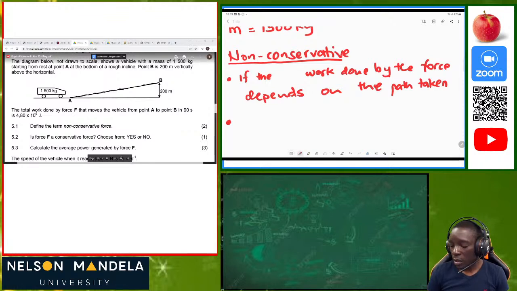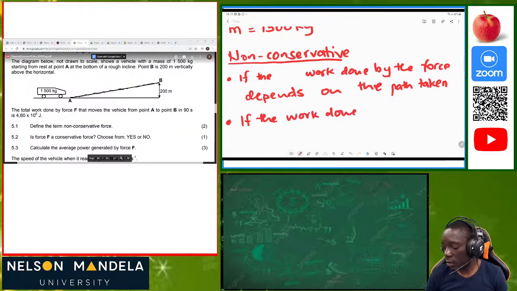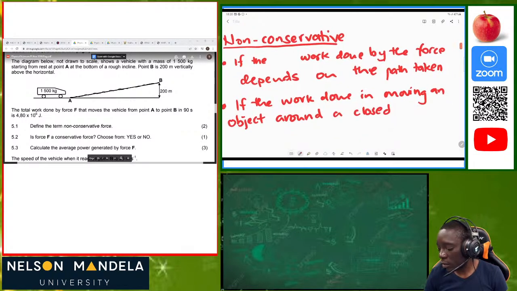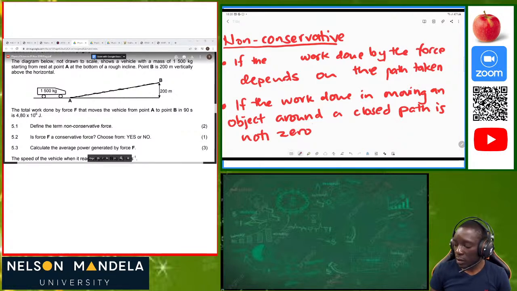Or in other words, if the work done in moving an object around a closed path is non-zero, then that force is non-conservative. So that's a non-conservative force.